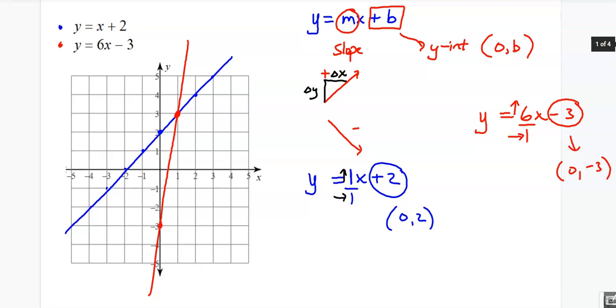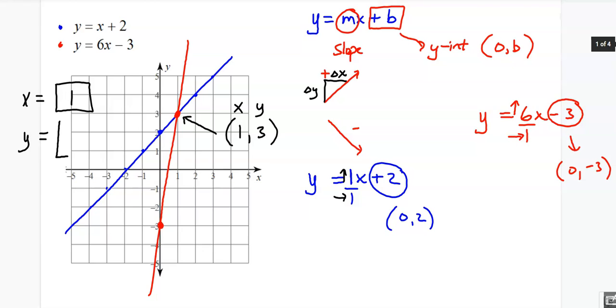These would be the dots that you want to put on the graph. And then my solution right here: those two lines intersect at the point (1, 3). So I now have the x and y values that make these two equations true. So you're going to put x equals 1 in the box, and y equals 3 in the other box. All right, next example.